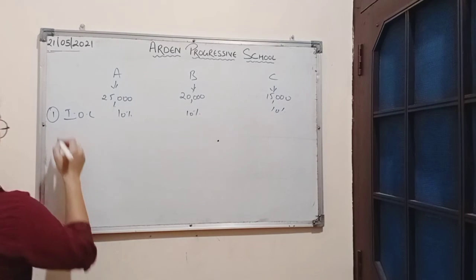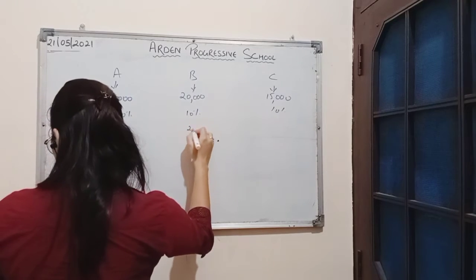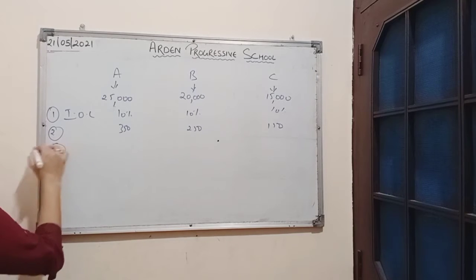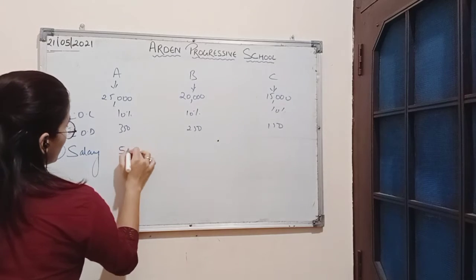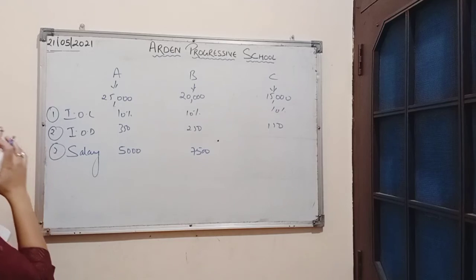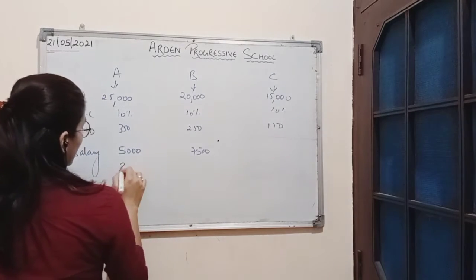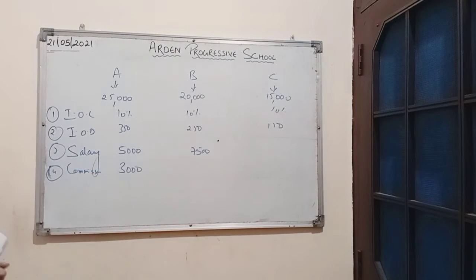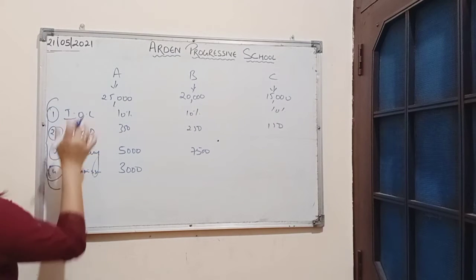Second omission is interest on drawings: 350 for A, 250 for B and 150 for C. Third error is omission of salary paid to A amounting to rupees 5,000 and to B 7,500. And fourth error is commission paid to A amounting to rupees 3,000.